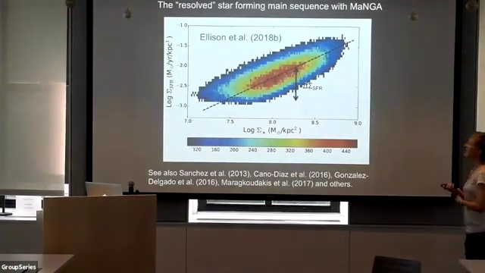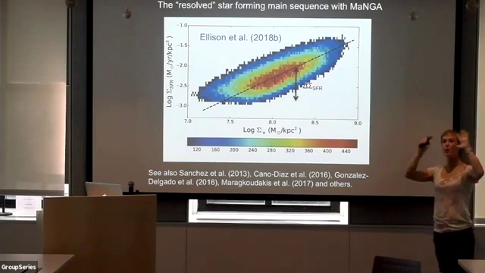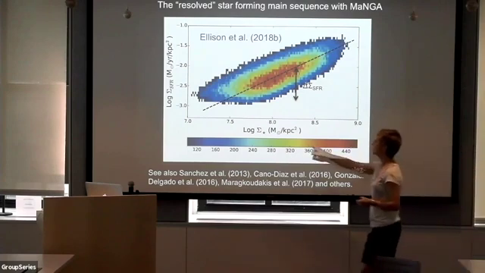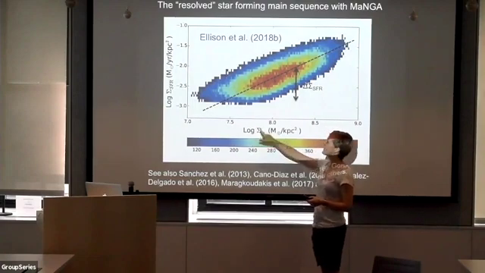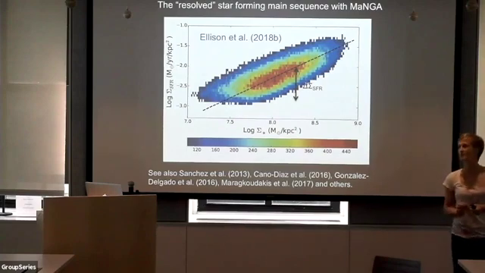Okay, so this is a diagram that shows the distribution for all spaxels, all of those spectral pixels in MaNGA. So this is not specifically for mergers. You just take all of your maps of all of your galaxies and you plot the surface density of stellar mass relative to the surface density of star formation.